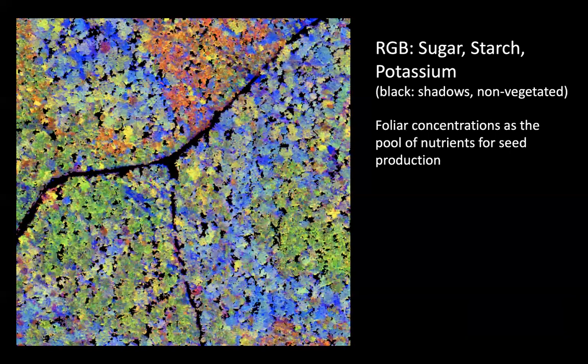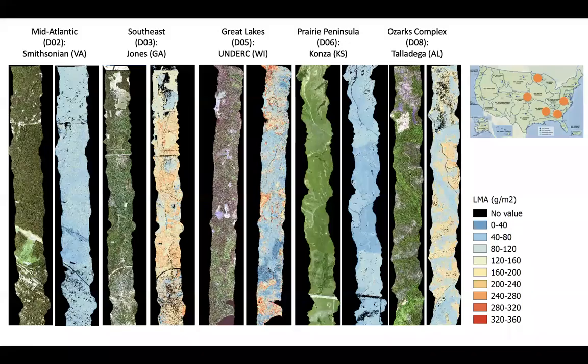And then potassium, I don't know why potassium is important, but it's part of one of the pathways associated with seed production. And you actually see a lot of variation in this that you might not have seen in some of the other images. Now, I don't really know what species are here or anything like that. That would take an analysis by somebody like Jim Clark, who knows a lot about masting that I don't know, but that's one of the potential applications of this.